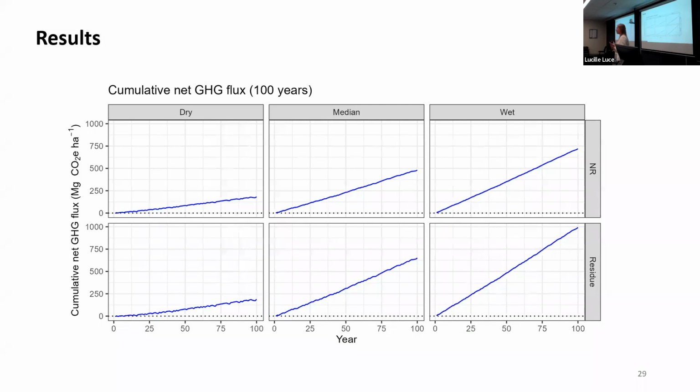From a public health standpoint, that straw needs to go somewhere else. But if we're looking at these dry conditions, it's close to zero. That balance is close to zero in the first few years, but then it starts to increase into a net positive flux. And in the wetter environments, the net flux is much different.